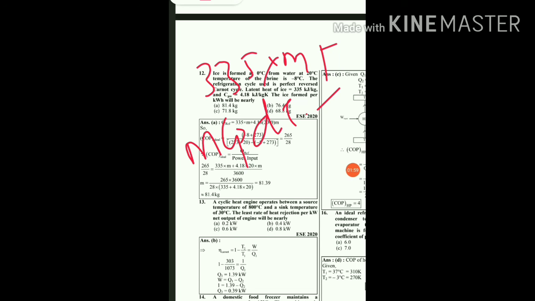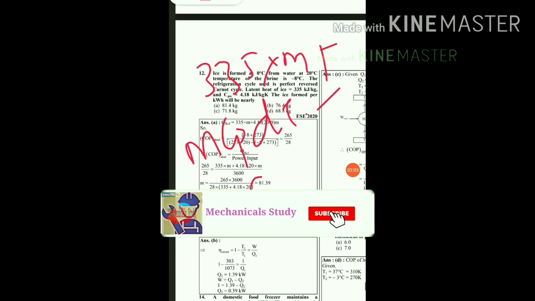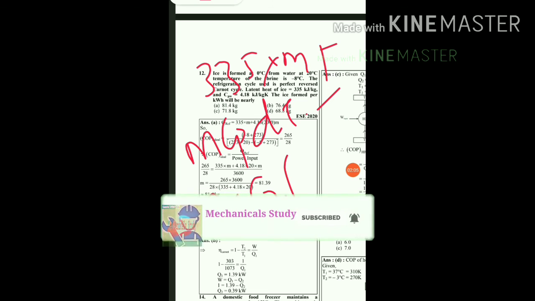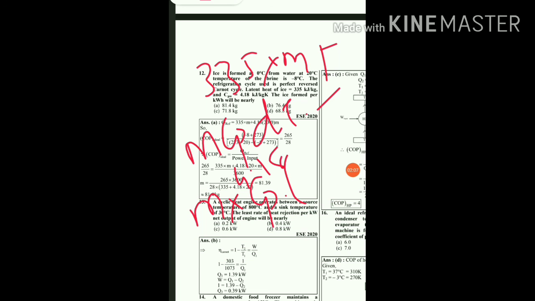So the refrigeration effect comes out to be 335 into M plus M into CP, into the cooling from 20 to 0. Mass is not known to us, that we have to calculate. CP is known to us, 4.18. This gives us Q refrigeration in terms of mass.